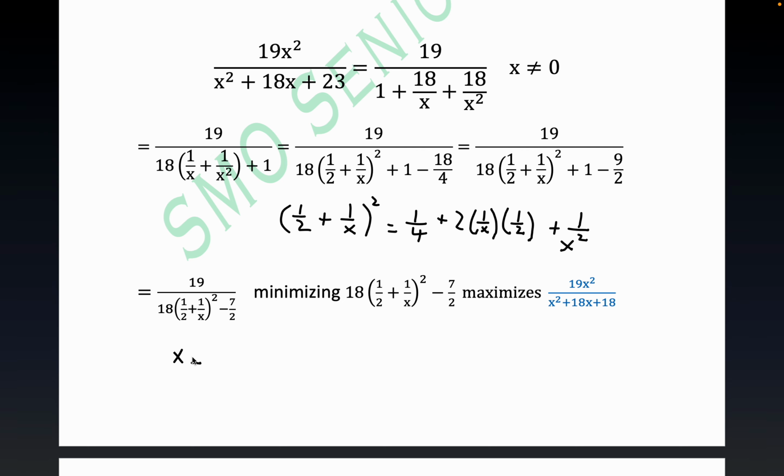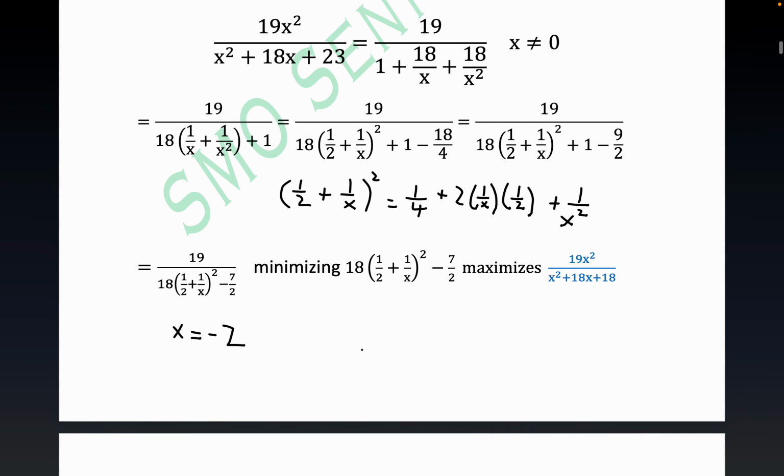Okay, x equals -2 makes this whole part 0, and all you have is minus 7/2. That is, let me just write down what we get. If you put a -2 right here, this part goes poof, and you have 19 divided by -7/2.